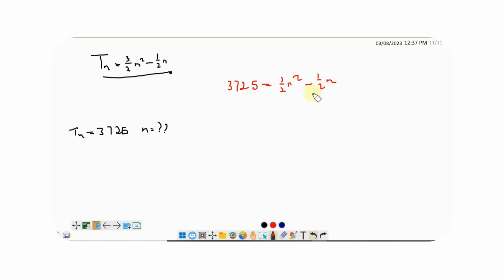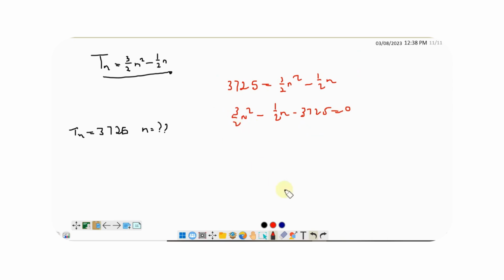I'll take this whole thing to the other side, so this is going to be 3 over 2 n squared minus half n minus 3725 equals 0, because I took it to the other side and it became negative.